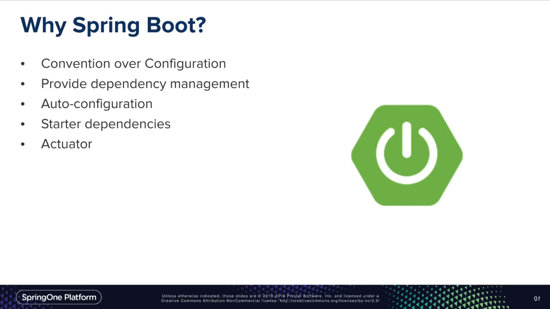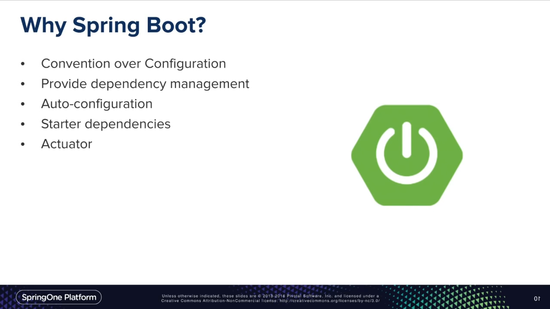They also provide dependency management. Who is happy dealing with dependencies? No one, right? Sometimes you have to choose, or you have to find the right version in order to keep your application running. It provides auto configuration.